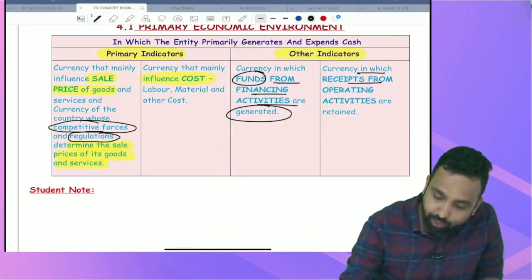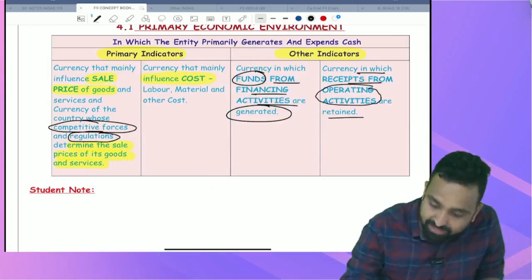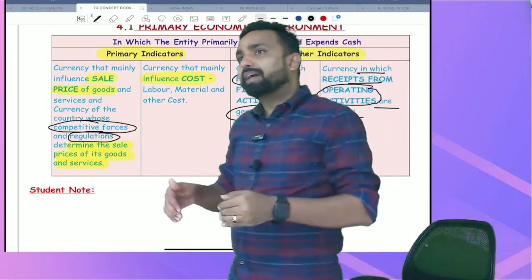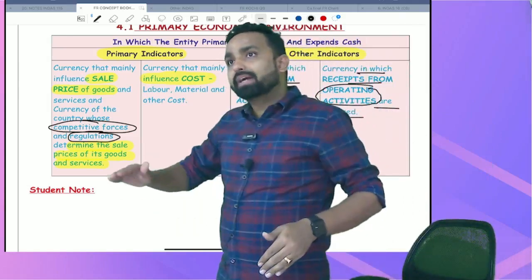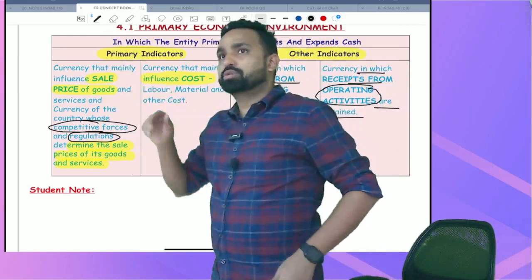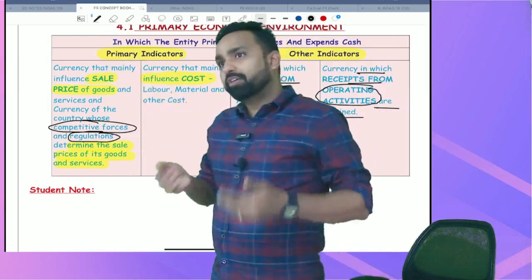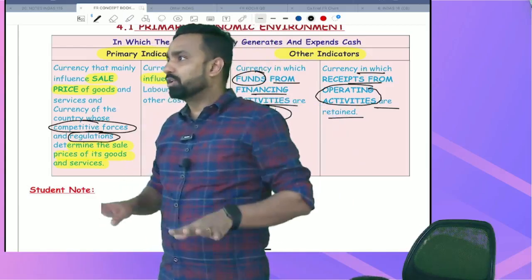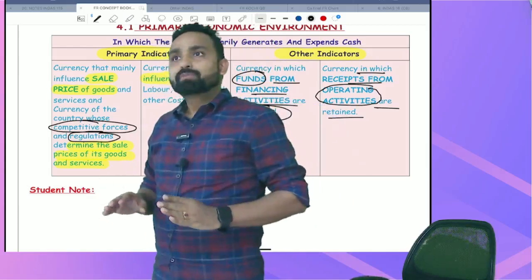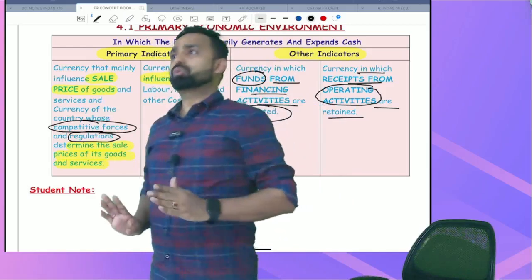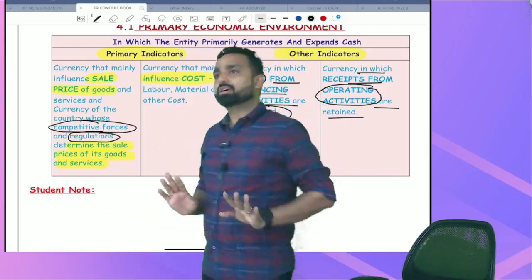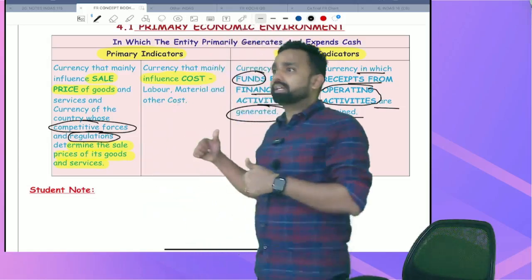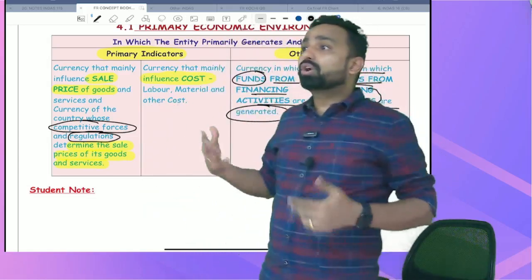Currency in which receipts from operating activities are retained. Wait. I have a bank account in India. I have a bank account in foreign, US also. Whatever I earn, after deducting all the expenditure, I retain my money in the US bank account only. I don't retain my money in the Indian account. So it is the fourth indicator: in which currency you are retaining your earnings.